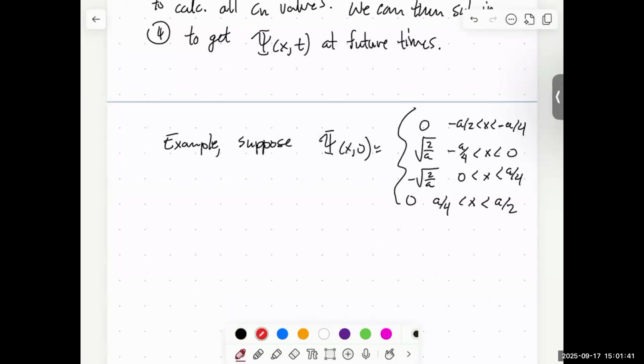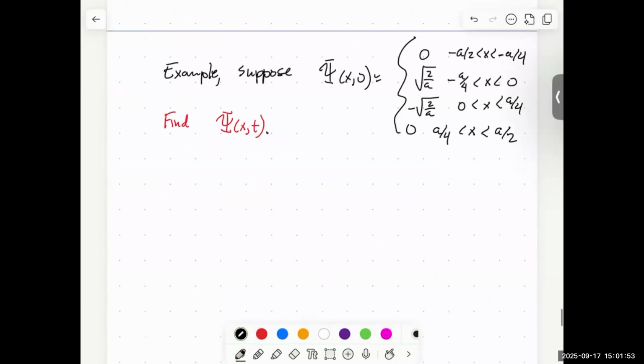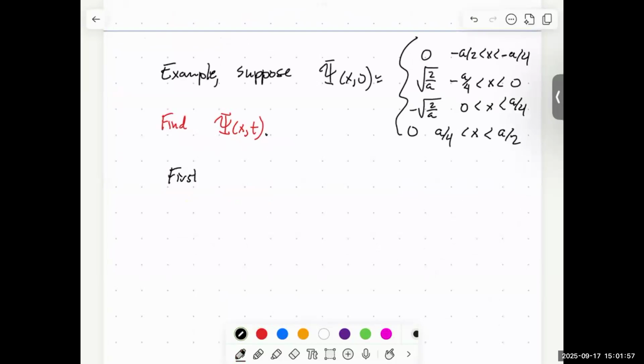Okay, and so the question is, find psi of x and t. So what we'll do is, why don't we plot this thing first? So psi of x at 0, against x.